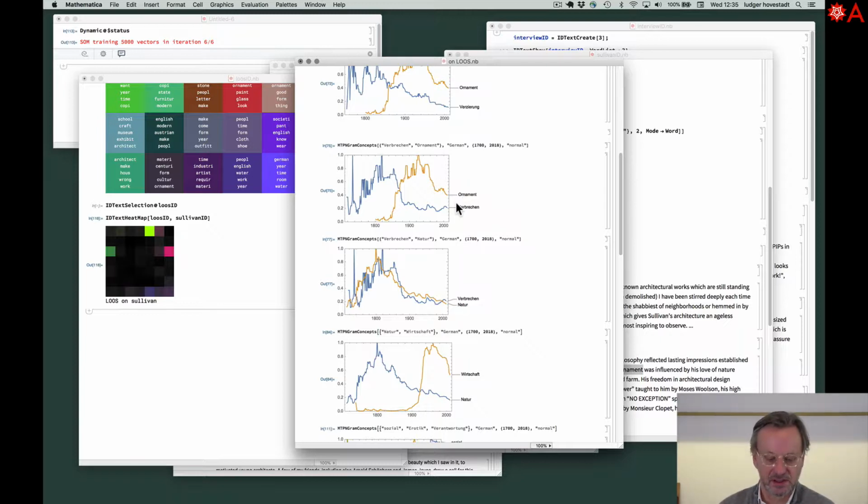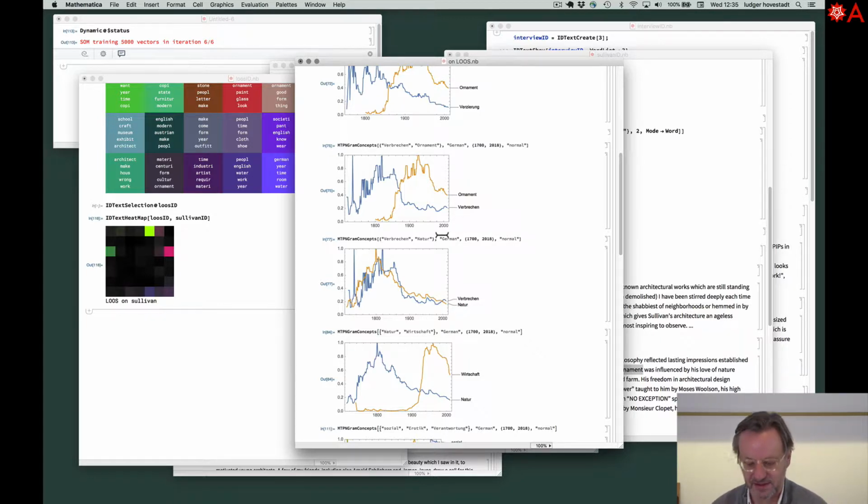So we have a similar line, which is an interesting setup. They can talk about the erotics of the function, about the ornamental of the function, and then it's interesting that Sullivan is not using ornament.